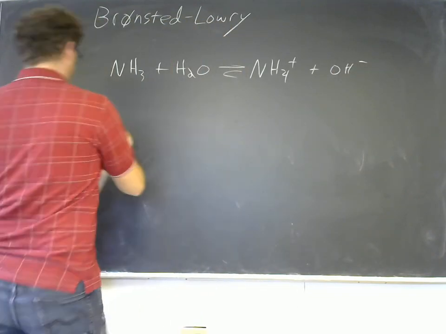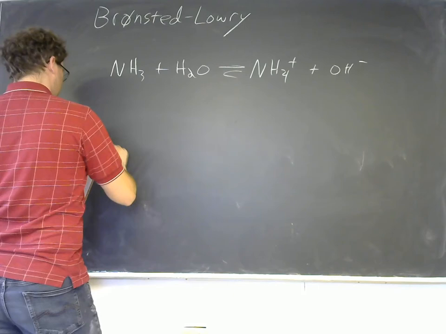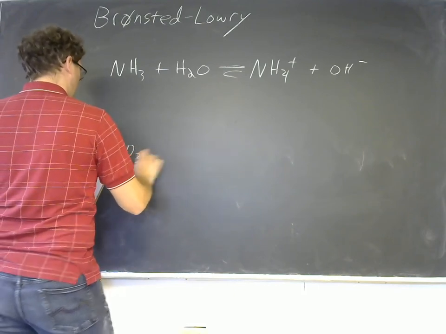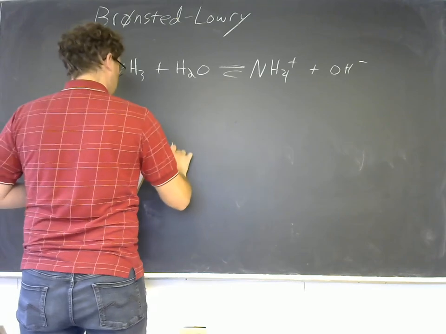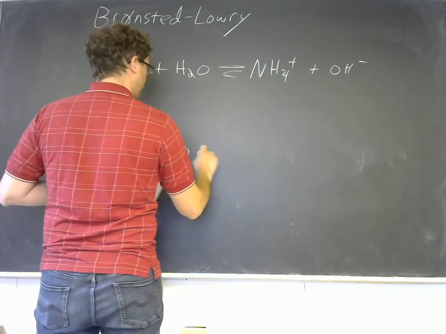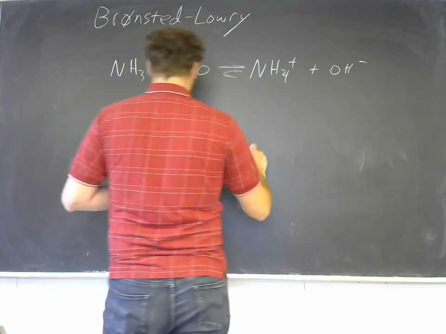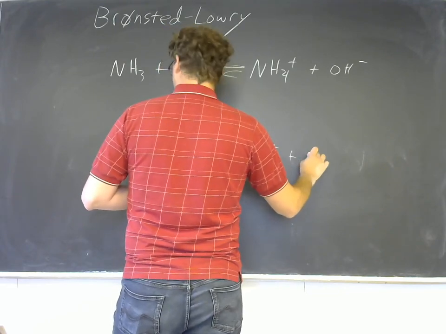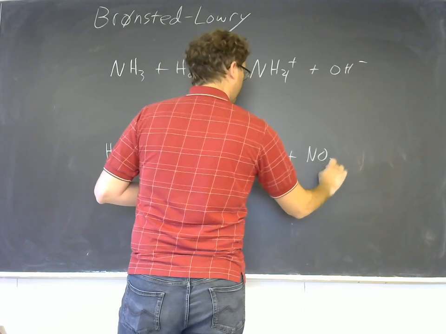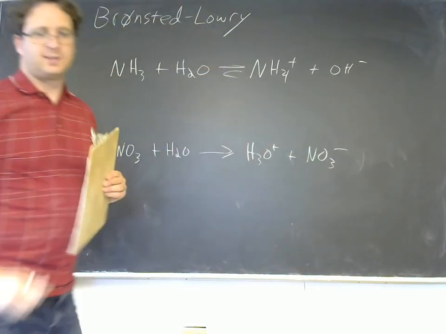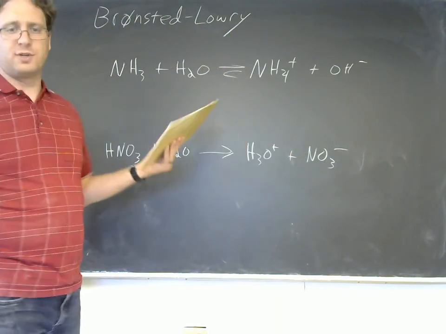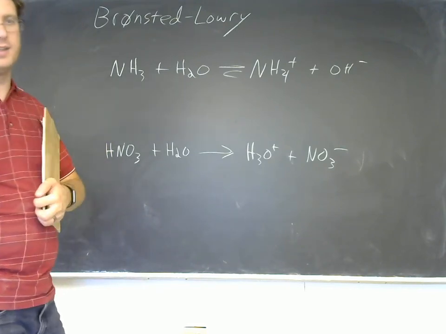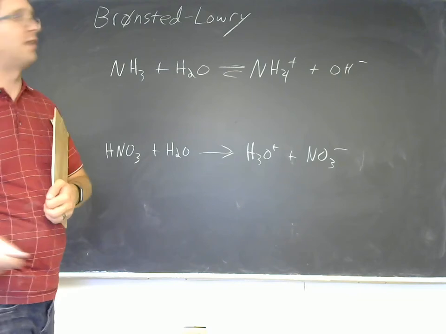And then I want to put up HNO3 plus H2O, and that's going to be H3O plus and NO3 minus, nitrate ion. So I want to show two principles in here. For these two reactions, can we identify the acids and bases and the conjugate pairs?